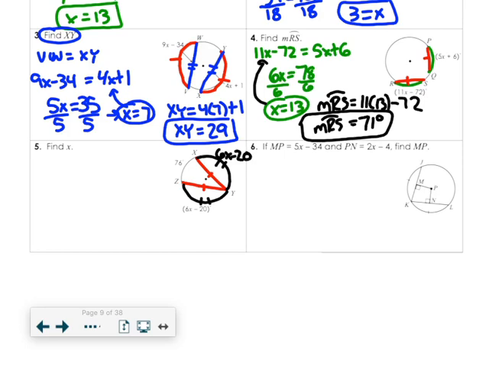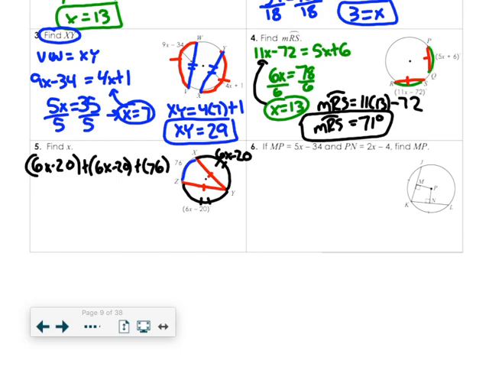One way you could do this is by adding those 3 arcs up and getting a total of 360. So we're going to do a 6x minus 20 plus another 6x minus 20 plus a 76. That's kind of this arc right here.